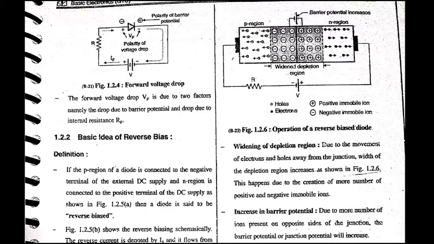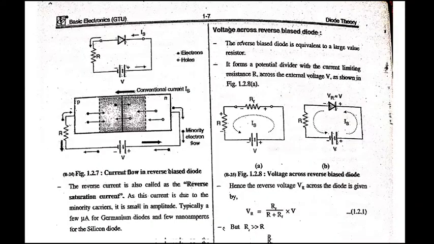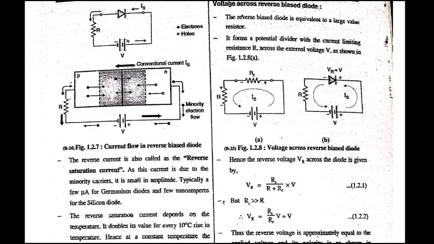Although there are majority of holes on the P side and majority of electrons on the N side, there are still some minority carriers, or we can say some small amount of electrons on the P side and small amount of holes on the N side that will start now flowing, and this results in the minority current. Minority electron flow is seen in the diagram.